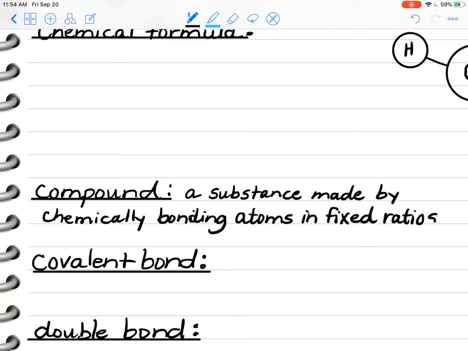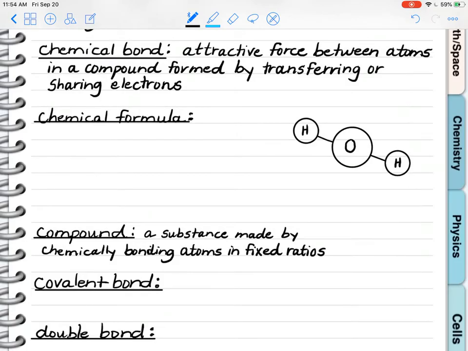We need to go back up here and get chemical formula, and then you'll understand what I mean. So this is not a pure element. It is a compound of oxygen and hydrogen.